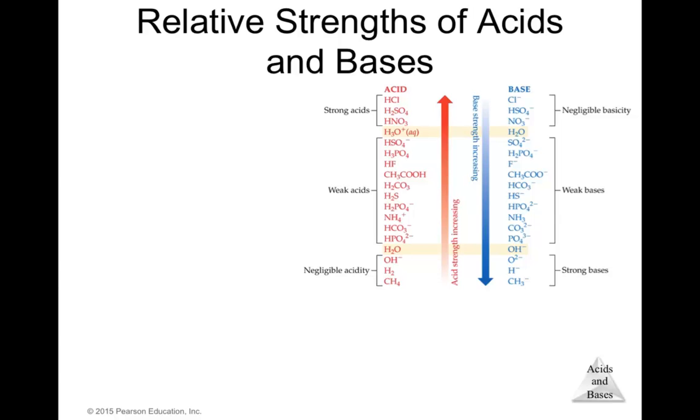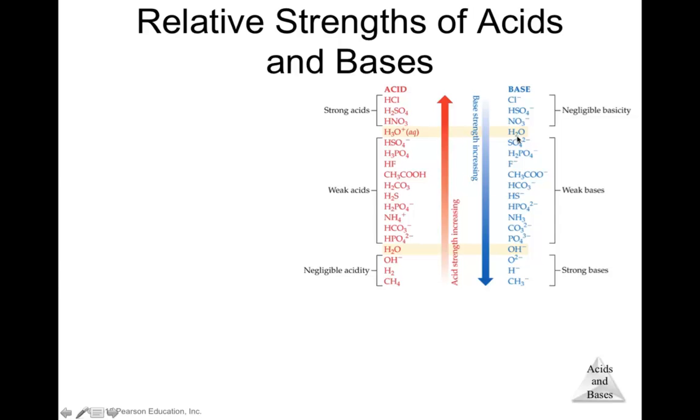So here we have basically a list of different acids, and we can see that the acid strength increases going to the top, and in this list of bases, the base strength increases going down. Now, interesting, we can see that water is part of the acid list, and also part of the bases list.